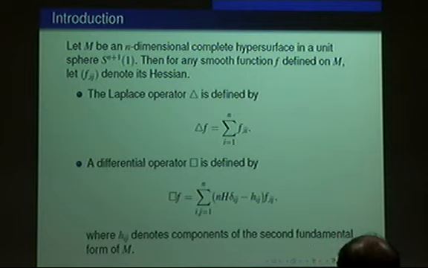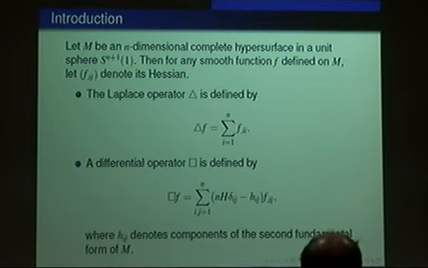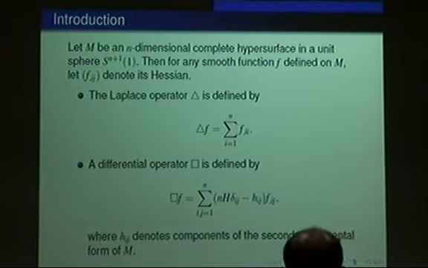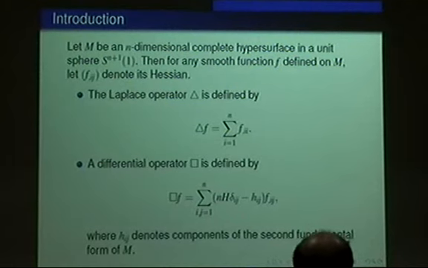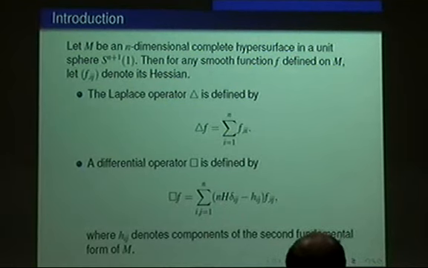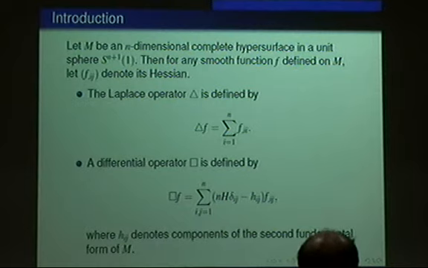This box operator is defined by this one. So box f equals this, where h means the mean curvature of M, and h_ij denotes the components of the second fundamental form. From this definition, we know that for compact hypersurfaces, this differential operator is self-adjoint.